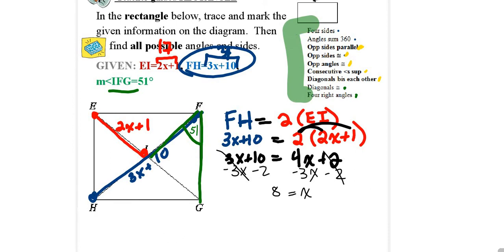So we're going to go in here and see if this is a true statement. This is 17. That's 17. That means this is also 17. This whole thing is 34. And look, 2 times 17 does equal 34. So that's how we know our lengths are done. Now, at least on the inside.